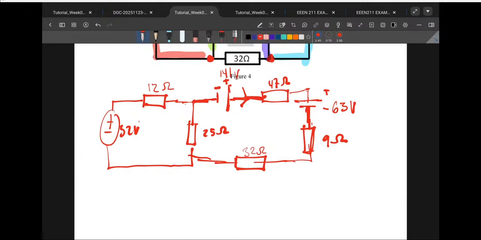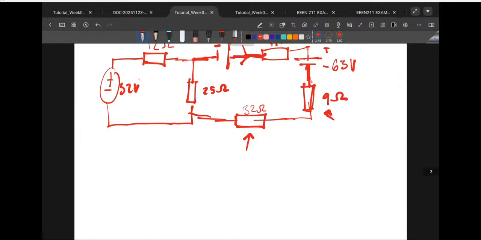Now we can resolve. These three are in series, so just add their resistance: 47, 9, and 32. Let's put this.